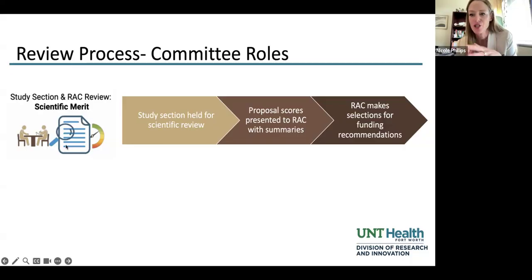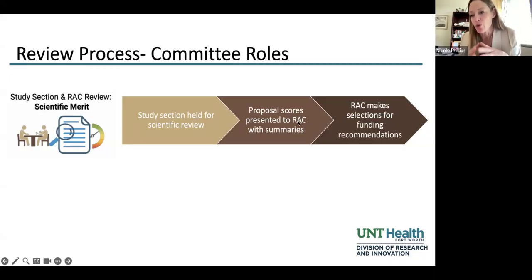This first stage of the review process is for scientific merit. And we are assembling a full study section to evaluate this portfolio of awards. So there will be a study section held typical to the NIH review process. And the ultimate scores out of the study section will be brought to RAC, the Research Advisory Committee.